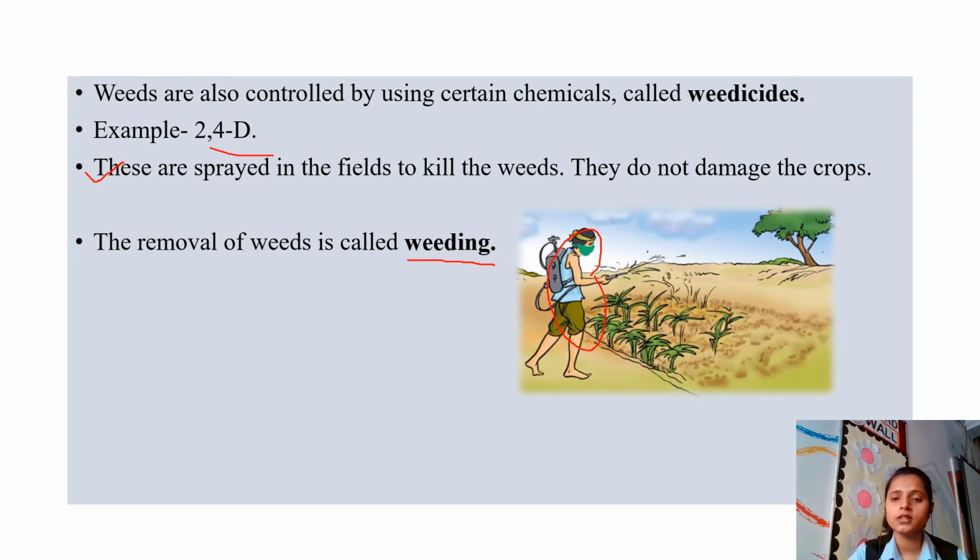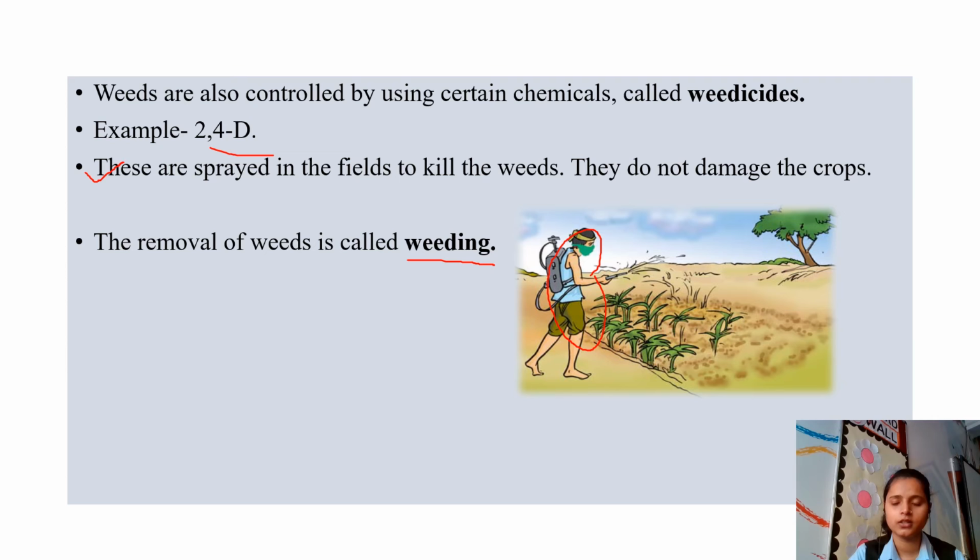We do this so that we don't get any damage to our body. We are protected by covering our face because these chemicals can harm us also. That is why we need to cover the face while spraying chemicals like insecticides, pesticides and weedicides.